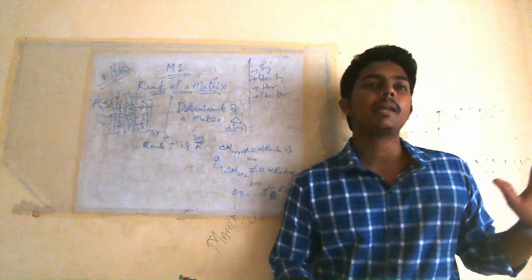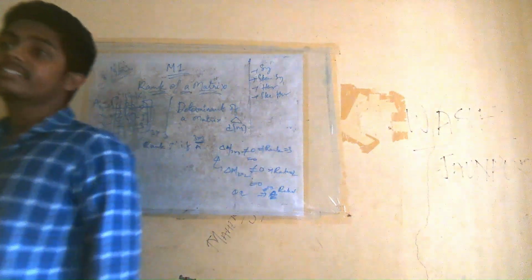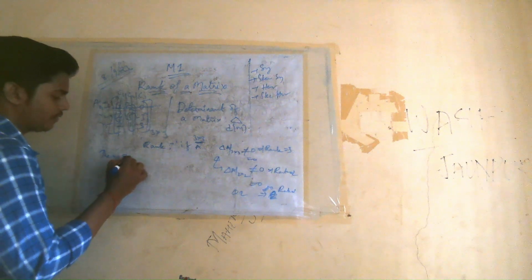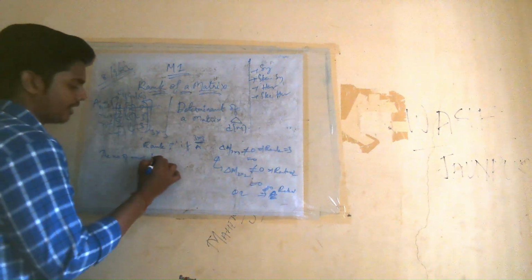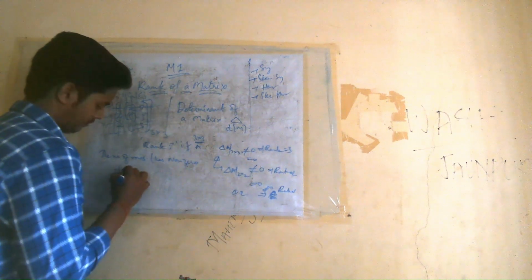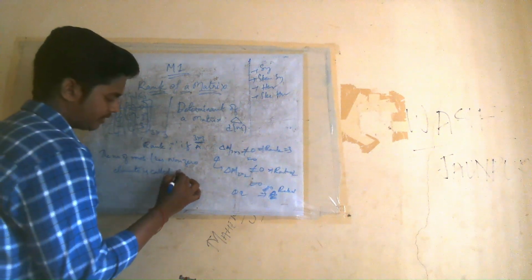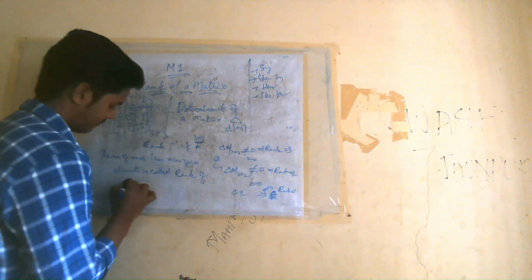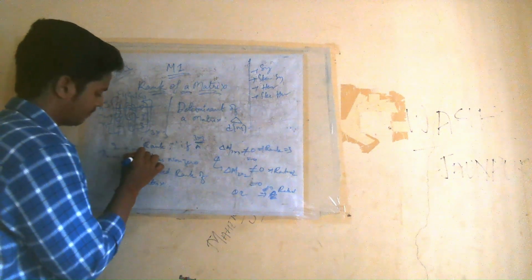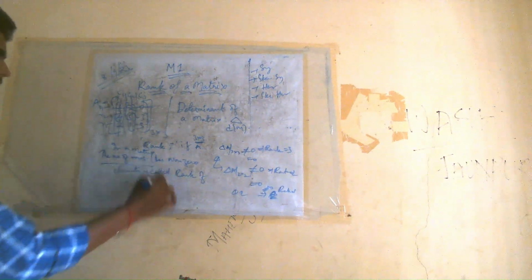The rank of a matrix is the number of rows that have non-zero elements. In a matrix, the number of rows which have non-zero elements is called the rank of a matrix.